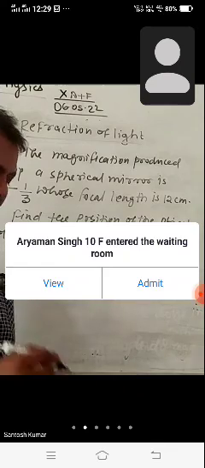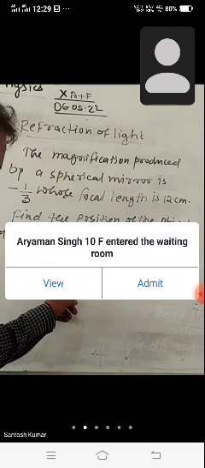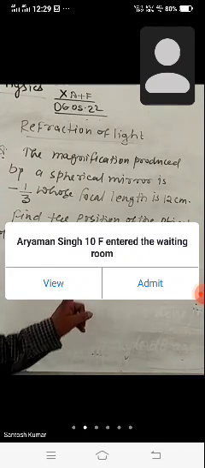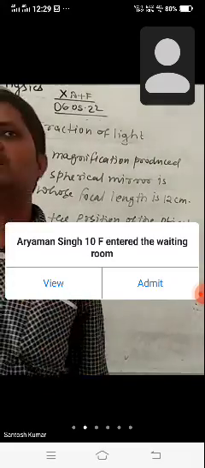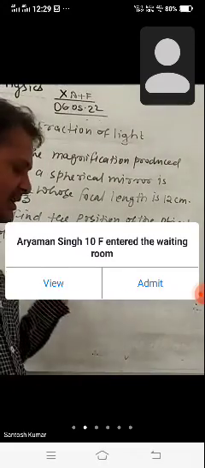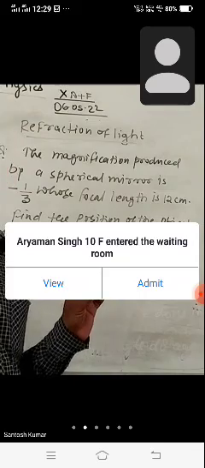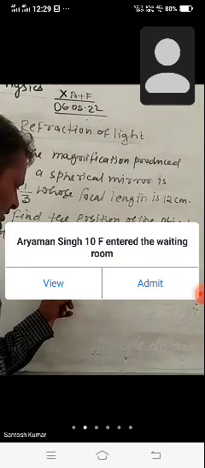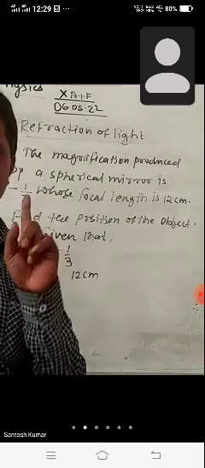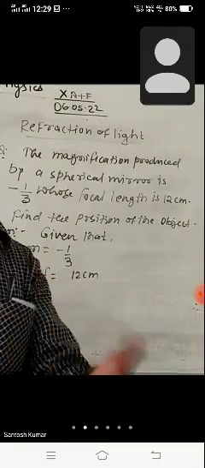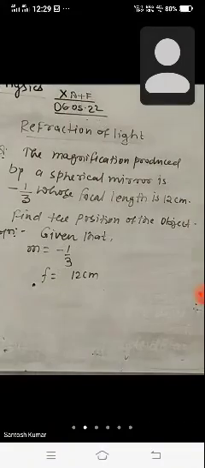Now either it is plus 12 or minus 12. Can anyone tell me? Because everywhere the sign is required. So what will be the sign of f, whether it is negative or positive, and why? Can anyone tell? Anyone?